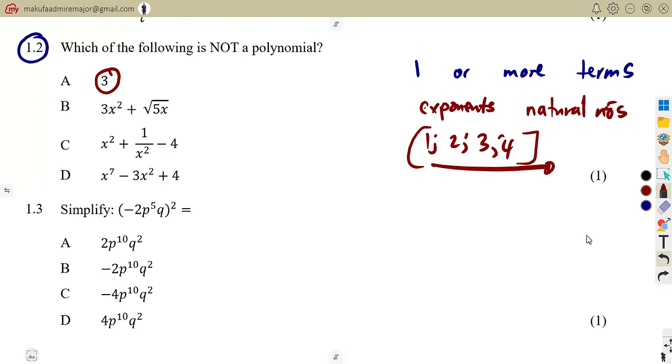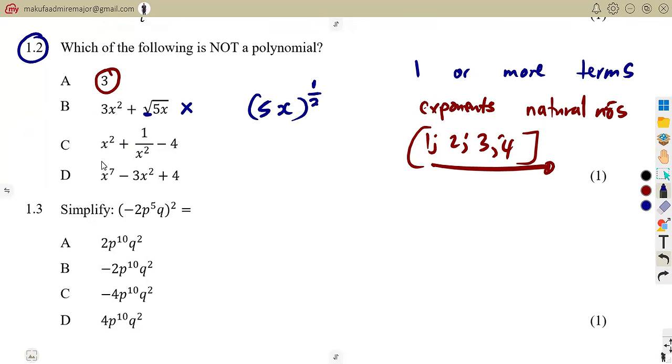But if we take a closer look at B, we are having a square root there. The square root means this is the same as 5x to the exponent of a half. We are no longer having our exponent as a natural number because we are saying the exponent is supposed to be what? A natural number. So we are not having a natural number.